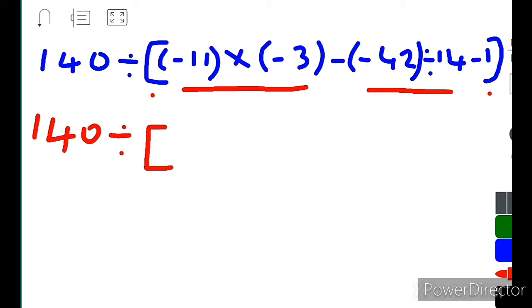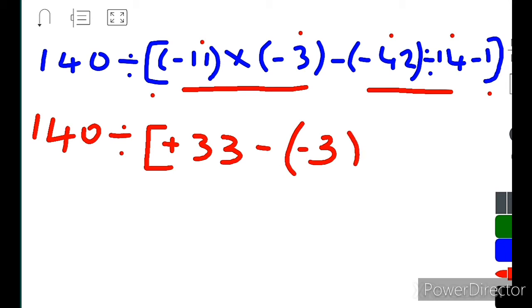Now the square bracket will be there. 11 3s are, you have to do, 11 3s are 33. Now coming to the sign, minus and minus, same signs, it will become plus. Understanding? Here one subtraction, minus. Now you have to do the division of minus 42 divided by 14. 14 3s are 42. Understanding? 3. Now the answer will come as minus 3.